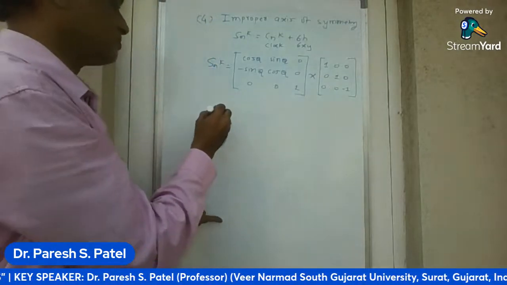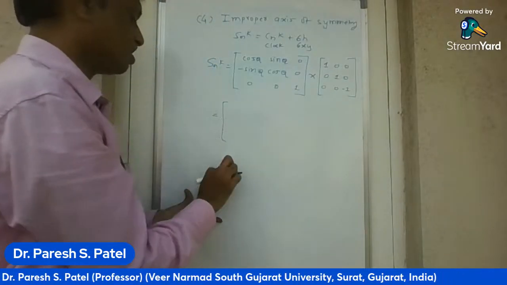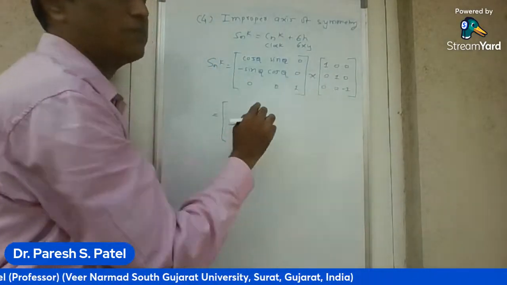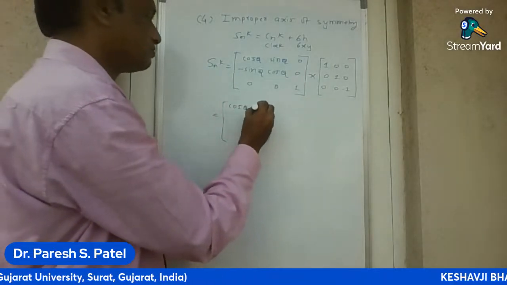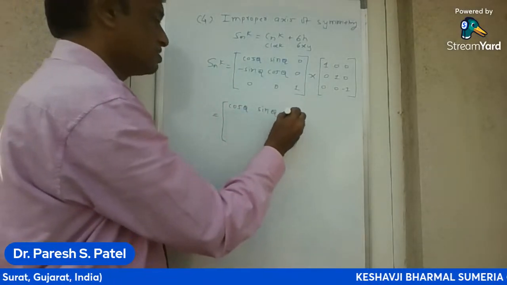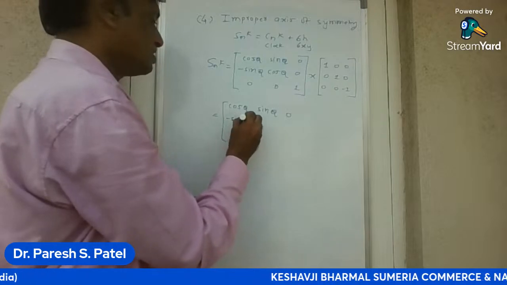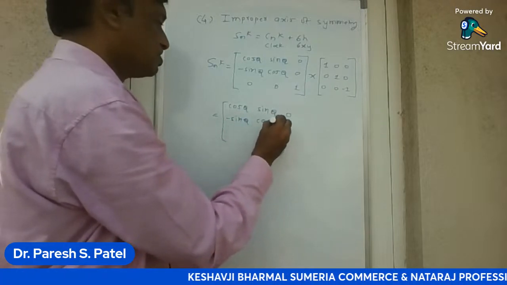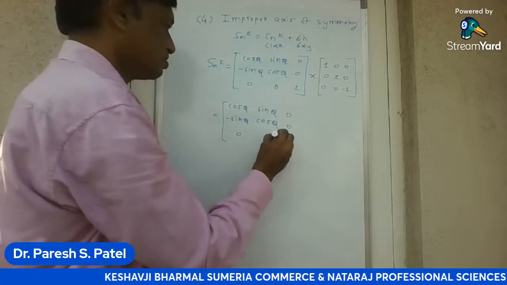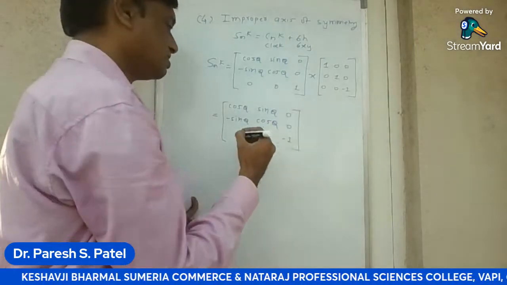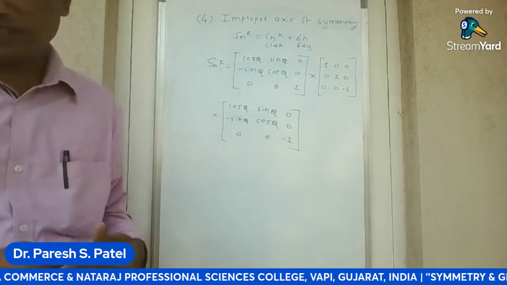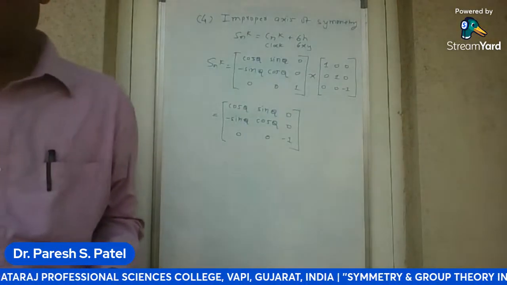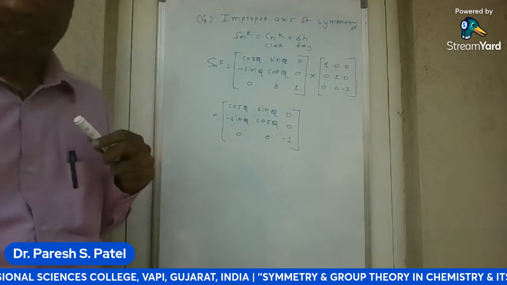This is a three-dimensional matrix. If you combine this three-dimensional matrix with the rotation matrix, the result will be cos theta, sin theta, 0, minus sin theta, cos theta, 0, 0, 0, minus 1. This is the matrix representation for the improper axis of symmetry, or rotational reflection axis of symmetry.